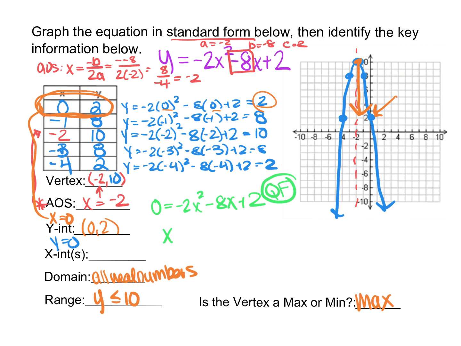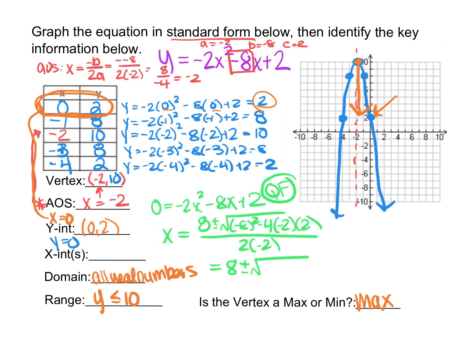So we have x is equal to negative b, which is a positive 8, plus or minus the square root of negative 8 squared minus 4 times our a value of negative 2 times c, all over 2 times negative 2. That then equals x plus or minus the square root of, if we take negative 8 squared minus 4 times negative 2 times 2, we find 80 underneath that square root.